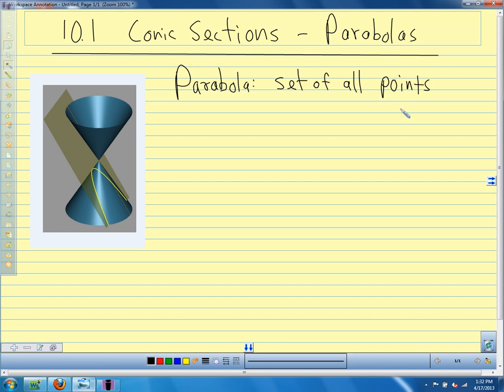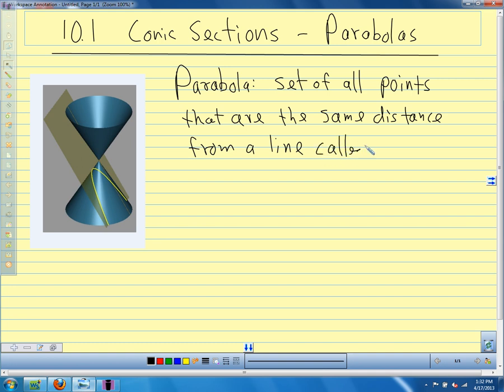So we're talking about the set of all points in a plane that are the same distance from a line, and we call the line the directrix, and a point called the focus.